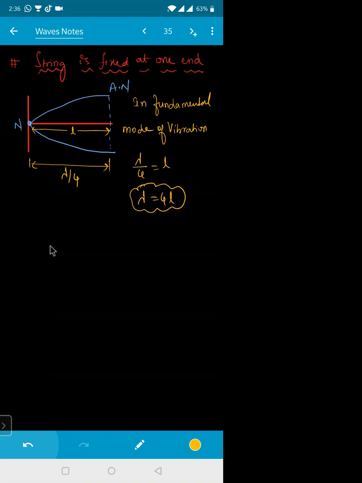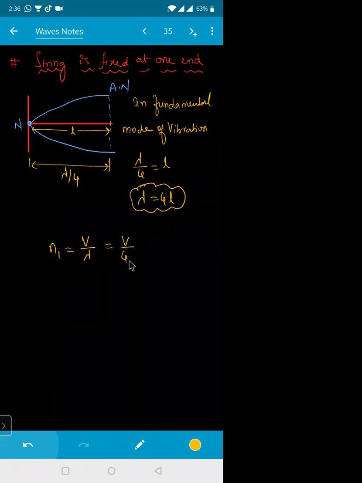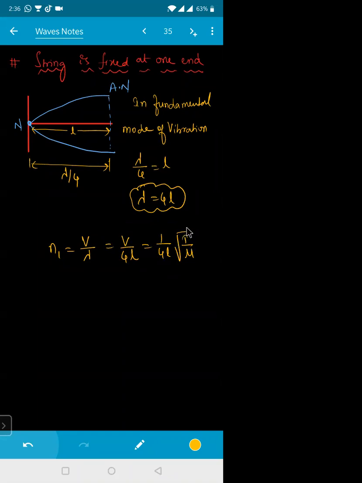So frequency will become how much, beta? N1 is equal to V by lambda, that will become V by 4L. So this can be written as 1 by 4L. Velocity will be equal to root of T by mu in a transverse wave. So fundamental frequency formula is N1 is equal to 1 by 4L under root of T by mu. Is it clear?